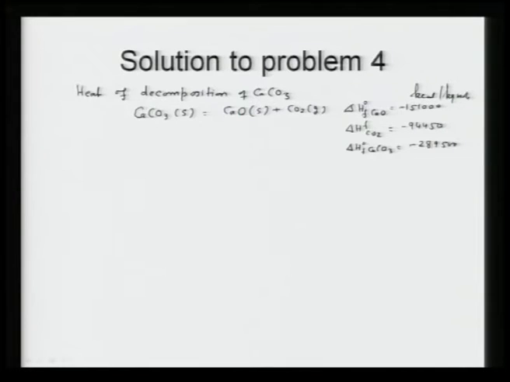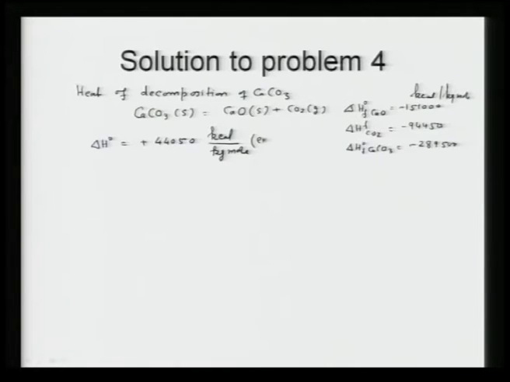So, if we calculate delta H naught for this decomposition, it comes to plus 44,050 kilocalorie per kg mole. Mind you, this is plus.